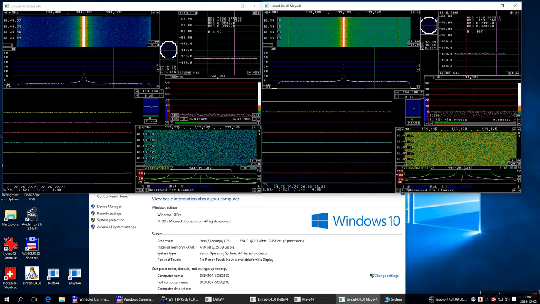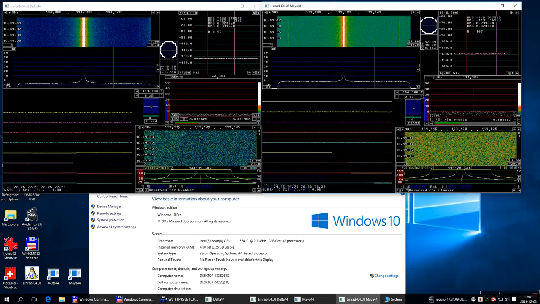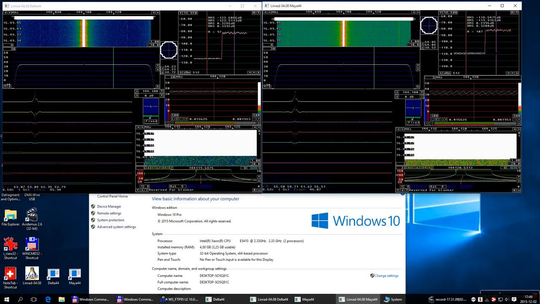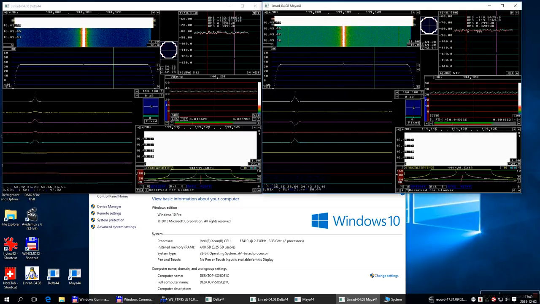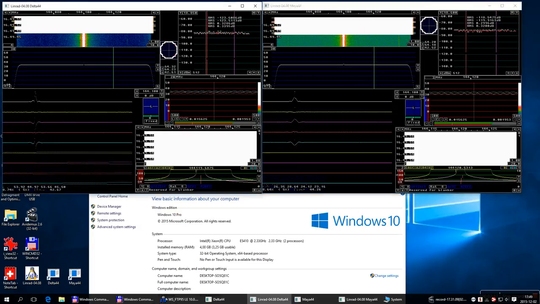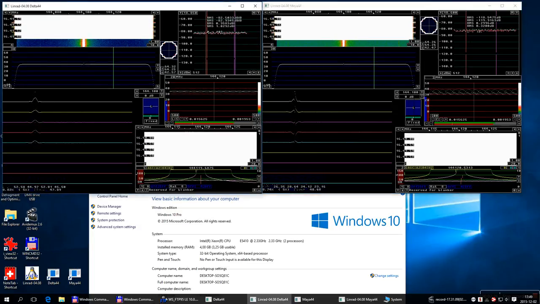Now I will connect the pulse generator that was used during calibration. And that gives a lot of interference. The level is minus 82.